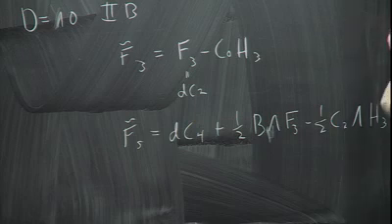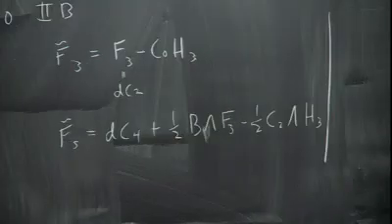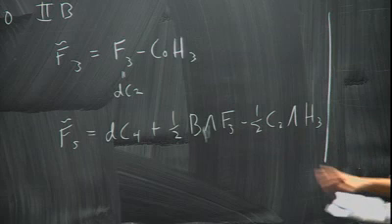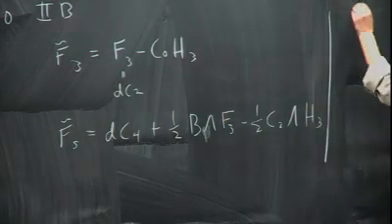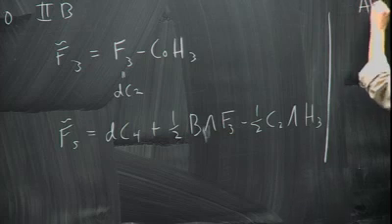Another thing that comes in that I might mention at the same level is, in addition, of course, to the potential terms, there are kinetic terms, and there are also Chern-Simons terms.